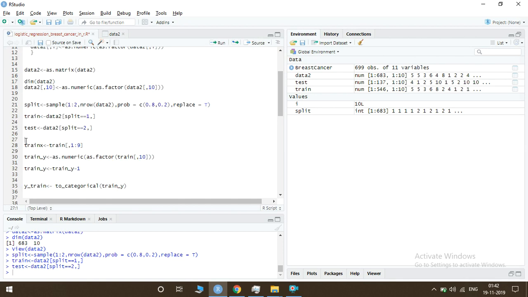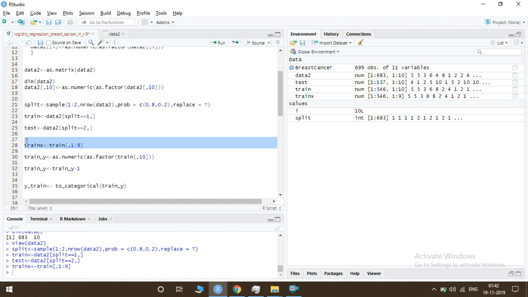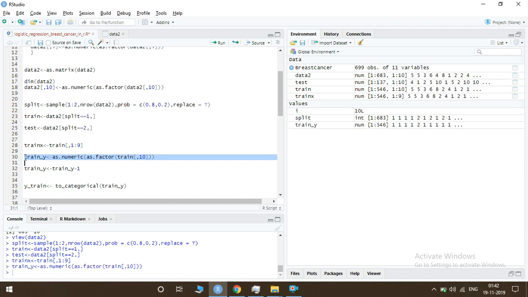So we would just take those columns from 1 to 9, and we would assign train y as numeric as factor. Just for a double check, I've converted numeric as factor. If we don't do it, it's no harm, but it's better you do it twice. All right. Okay, so we have got train y.